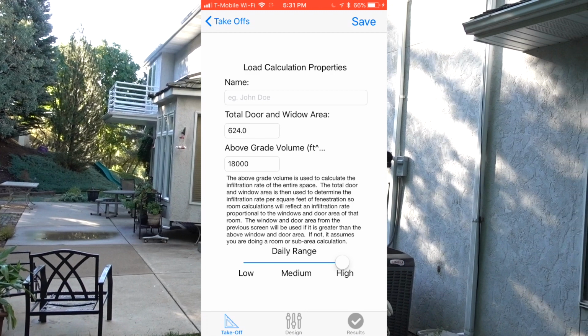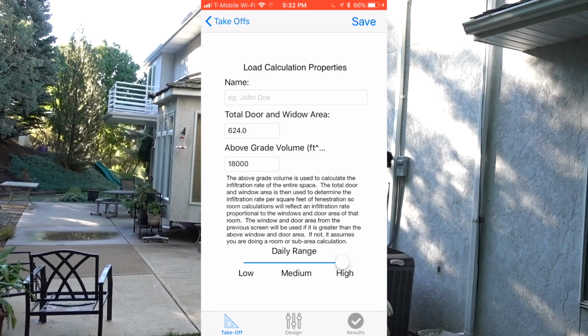And the reason for that is that it assumes that you are doing some room of the home or some section of the home, and you want to still use the 1,000 square feet of total door and window area that the entire structure has.